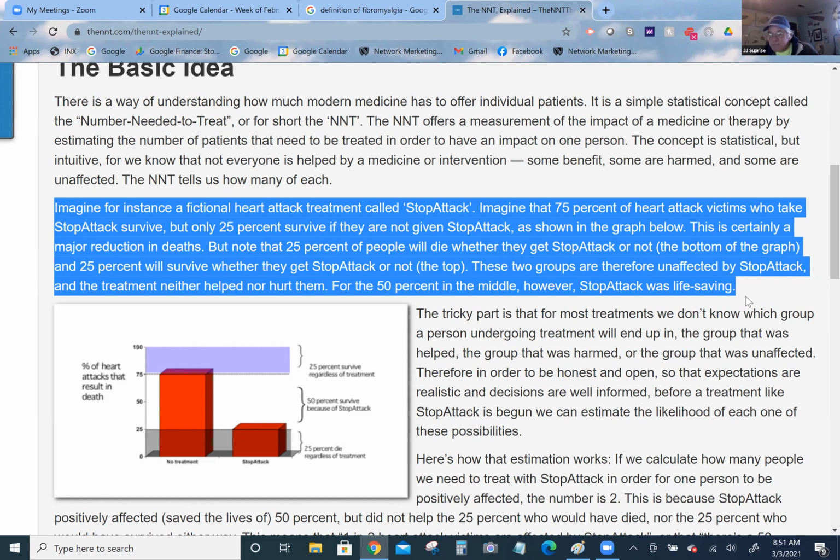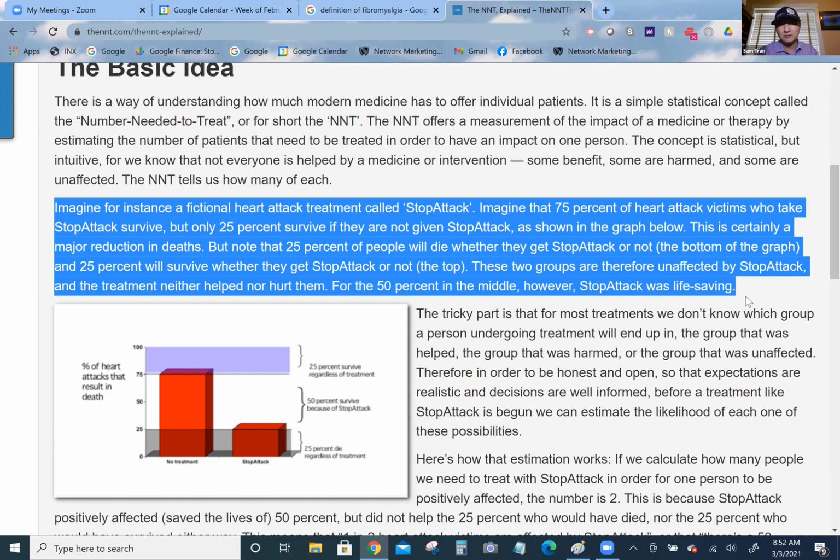Right. And so this is where that number needed to treat comes in, right? So they need to treat this many people to reduce one heart attack, right? So do you want a high number or a low number? If you had to calculate NNT, if you have to treat 100 people to save one person from a heart attack, then you'd have 100 as your NNT.